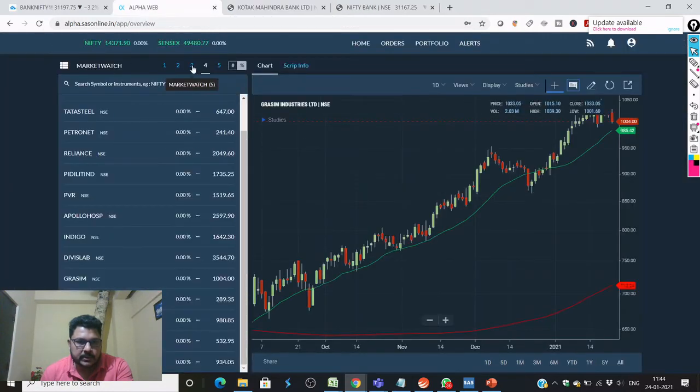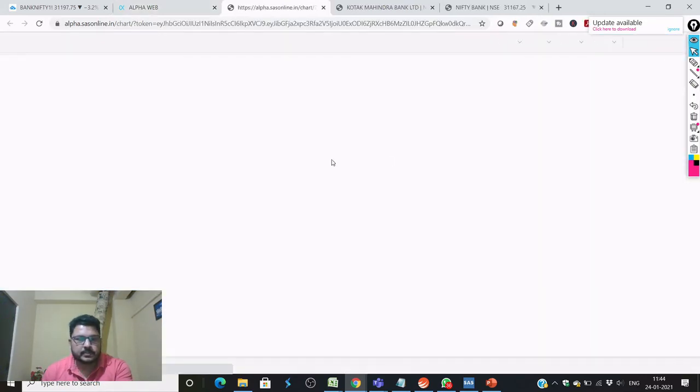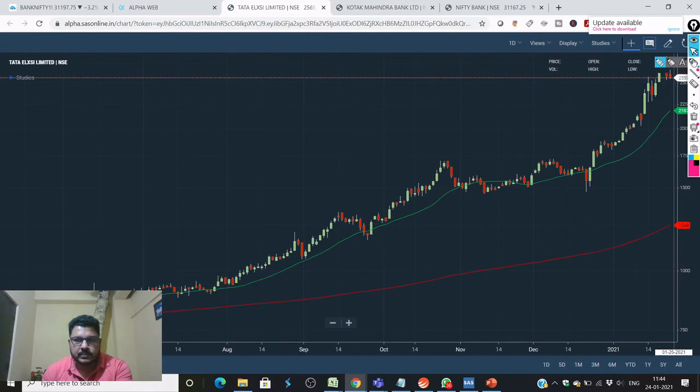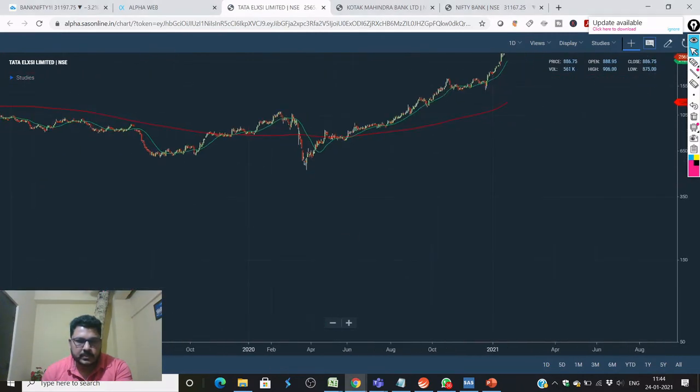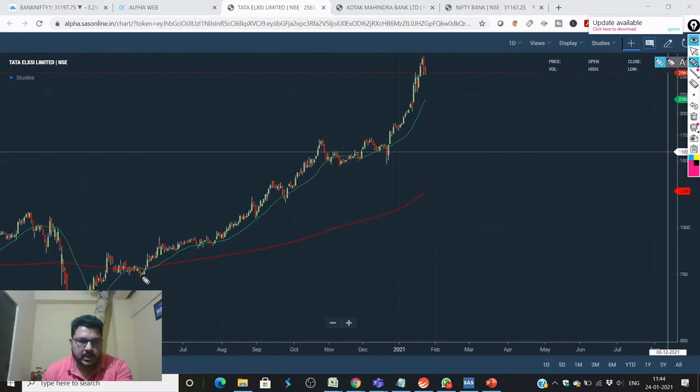Let's look at some other stock, for example, Tata Elxsi. See this? The kind of move it has given after this crossover. Still holding 20. Maybe you could have exited here with this candle or entered again after this candle, and then.